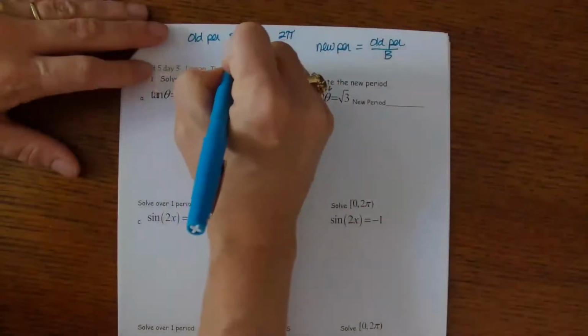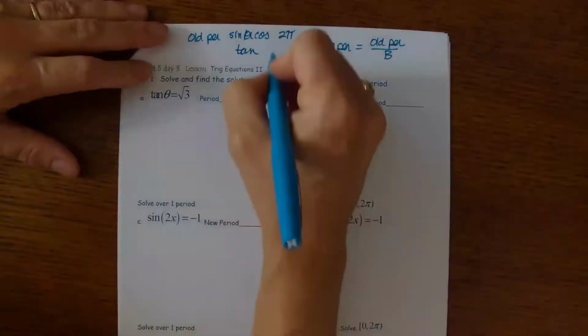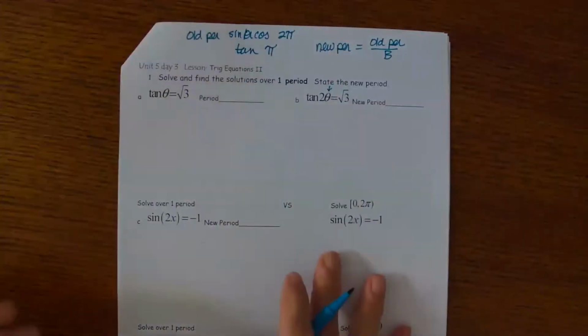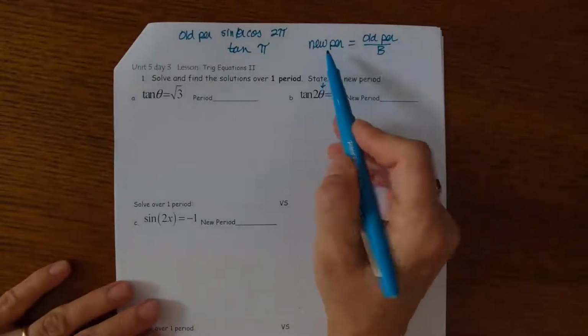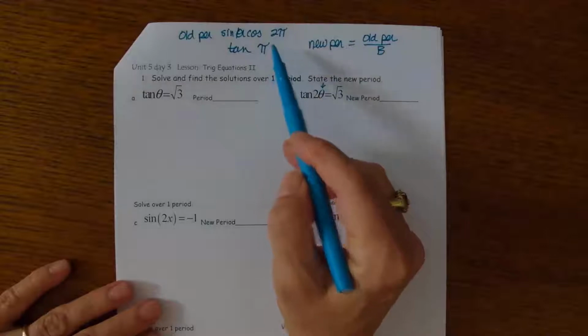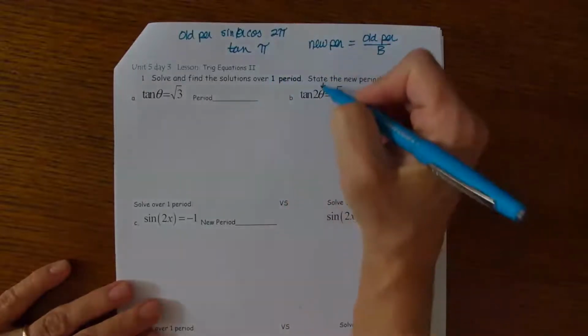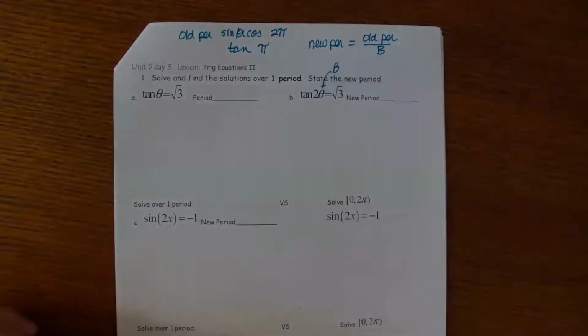What's the old period for tangent? Pi. So tangent has a shorter period. So if you want the new one, you have to take the original, which is either going to be 2 pi or pi, and divide it by b. That number right there next to your angle. But you don't do it till the very end. So this isn't going to be too bad, right? When we have to divide.